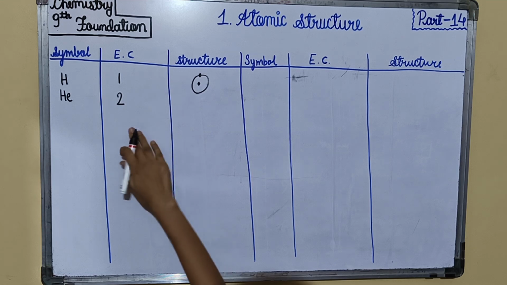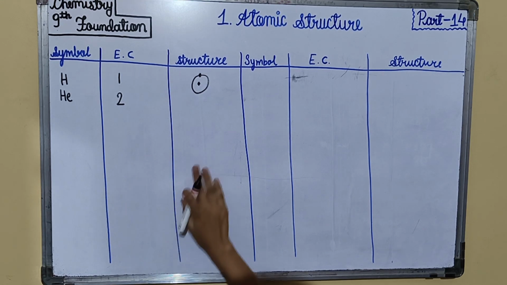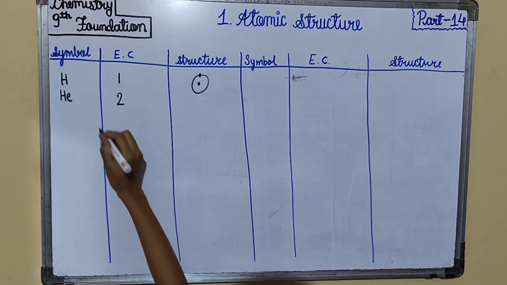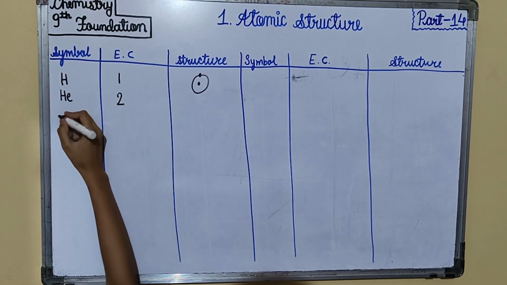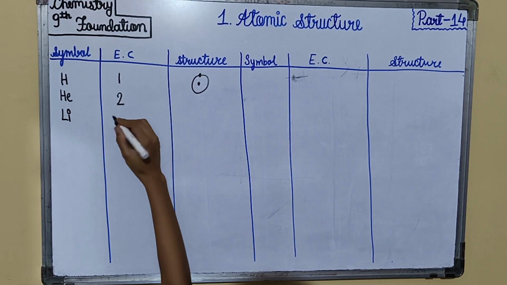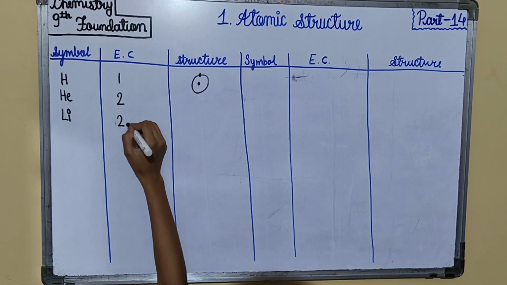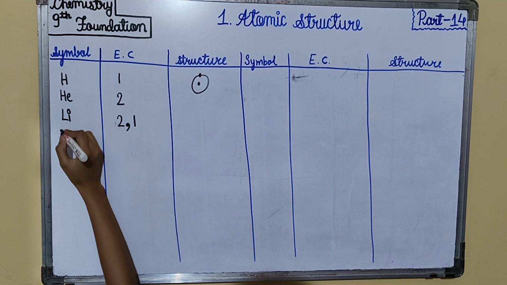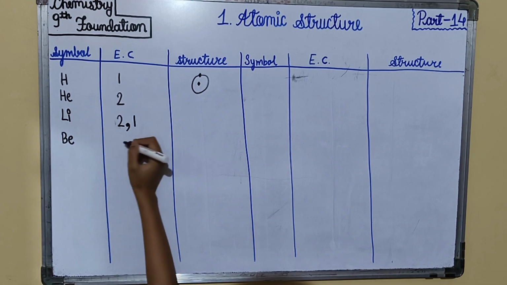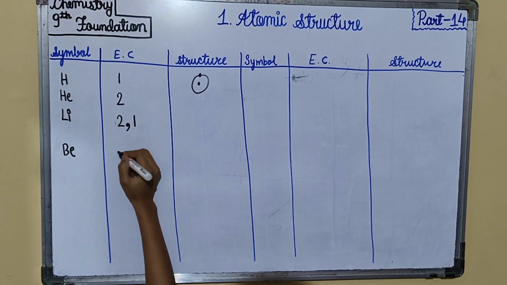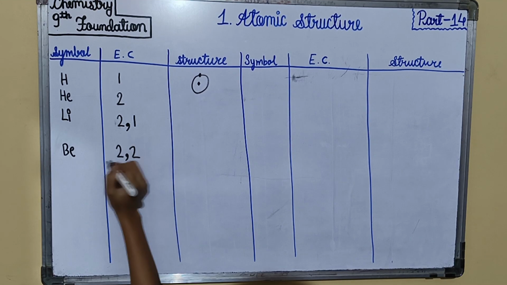First we will write the electronic configuration and symbol, then we'll see the structure. Lithium is 2 comma 1, because in first shell only 2 electrons are allowed. Beryllium is 2 comma 2.